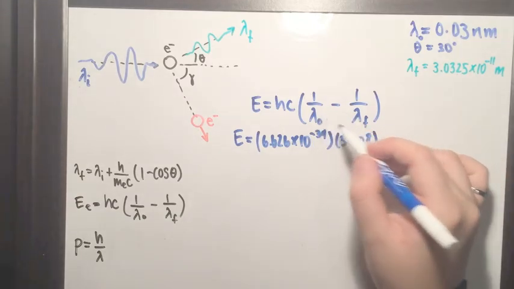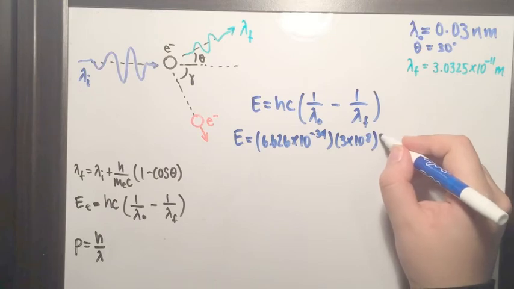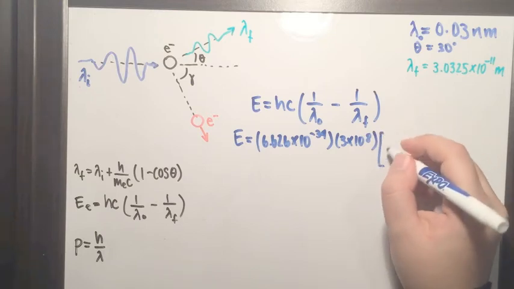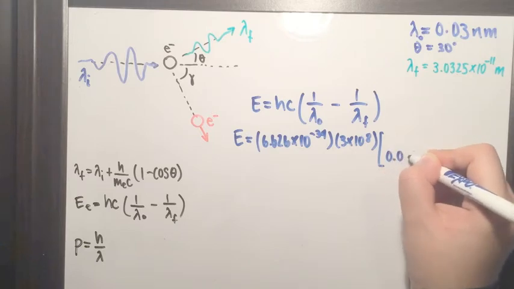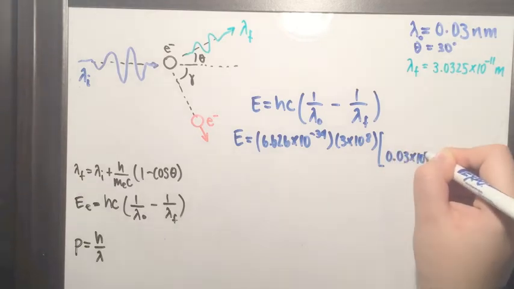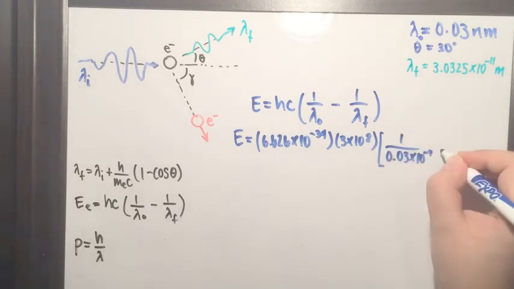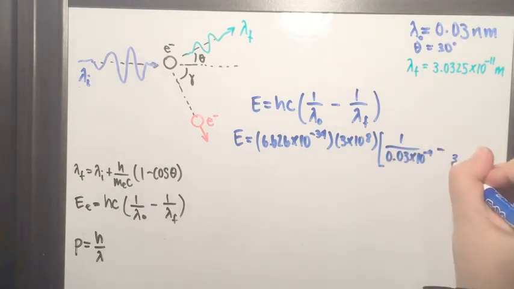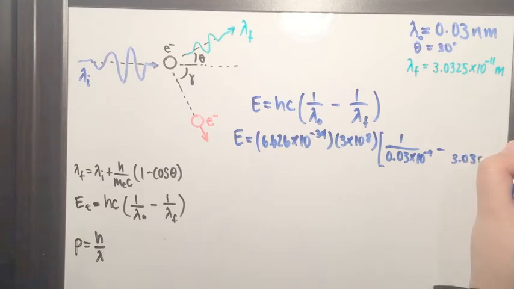And then our lambda values: we have 1 over 0.03 times 10 to the minus 9 minus 1 over 3.0325, which I'm going to shorten to 3.03 times 10 to the negative 11, closing the bracket there.